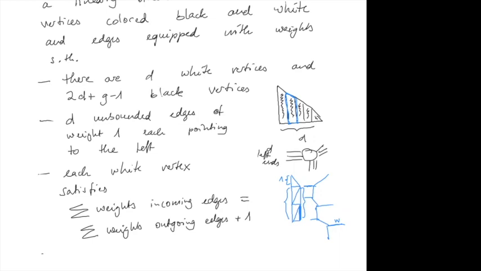Okay. Each black vertex is of valence 2. And the weight of the incoming equals the weight of the outgoing.